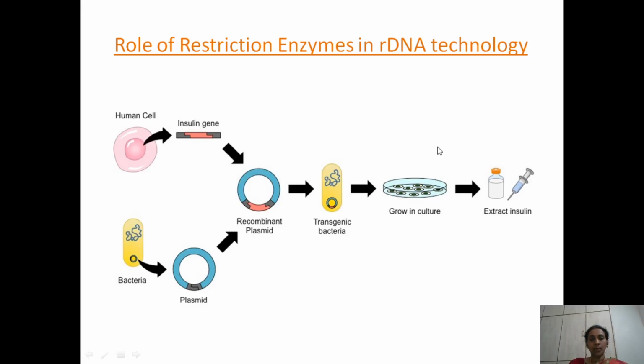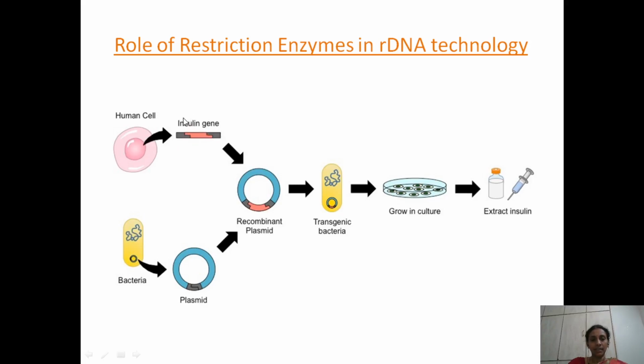So this is the process for the production of human insulin. In the human cell, this is the nucleus, and we'll take out DNA from the nucleus. DNA is such a long thread-like structure, made up of millions of nucleotides. From that lengthy structure, we require only a small fragment, that is, the small fragment of the insulin gene.